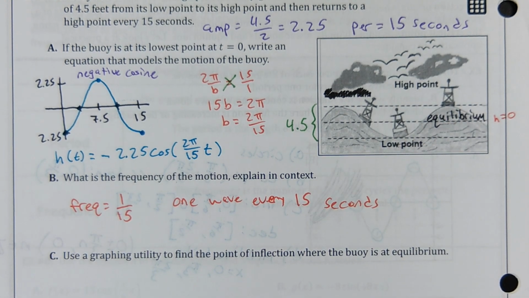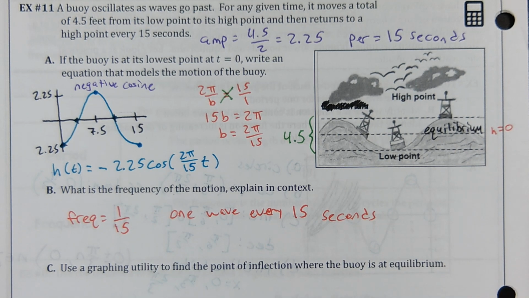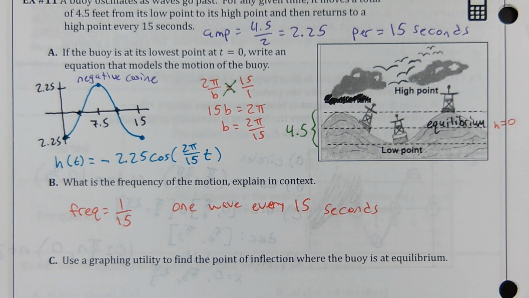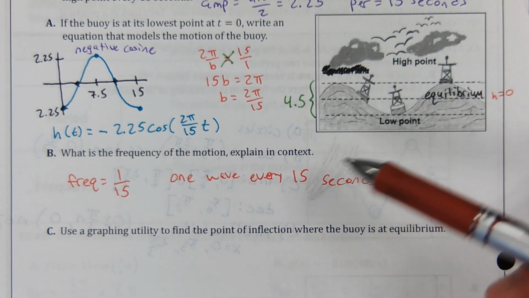That is what the context is. The period is it takes 15 seconds to get 1 wave. The frequency is there's 1 wave every 15 seconds. Or you could say there's 1/15 of a wave every second, if you wanted to think of it that way. It's a little strange, but I think it's easier to think about it like that.